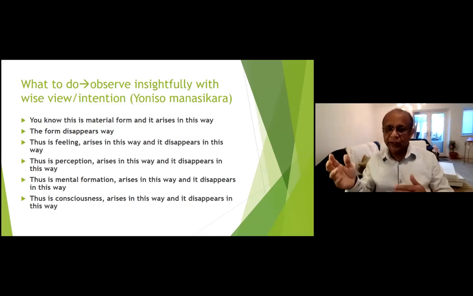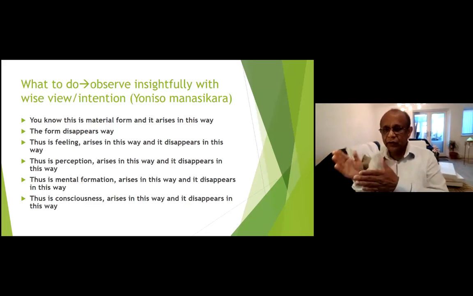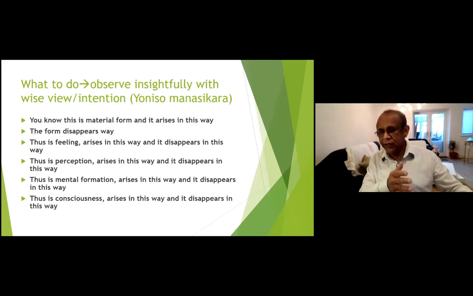But don't think everything is bad. Whenever you offer flowers, whenever you offer dana, they give wholesome mental formation. Greed, hatred, and delusion are unwholesome, which we explained in these scenarios.